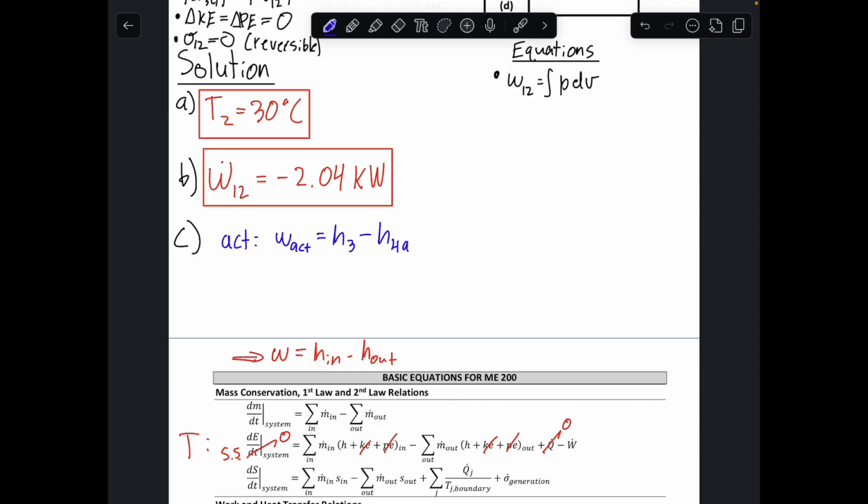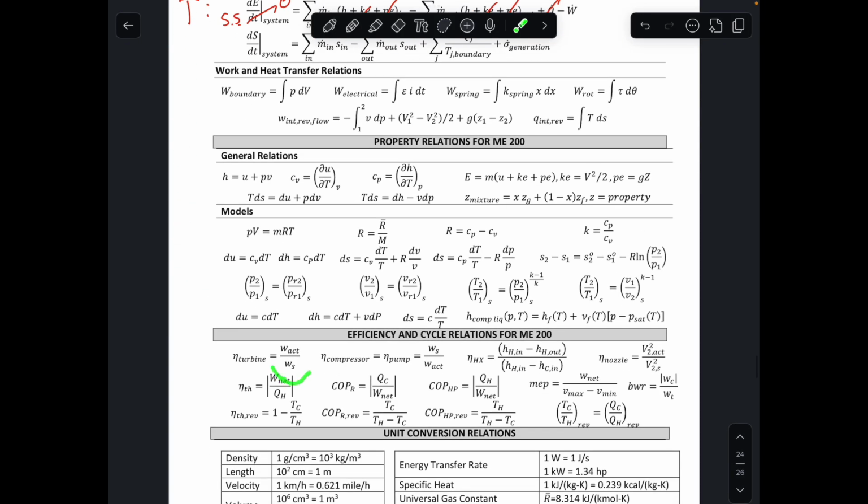And then on the other side, our isentropic work is just going to be equal to H3, which is still our H in, but now H out is H4S. And so we can just use these two equations here that we have for our isentropic work and our actual work and just plug them into this equation that we have here for turbine efficiency.